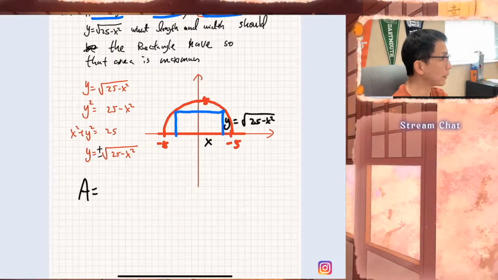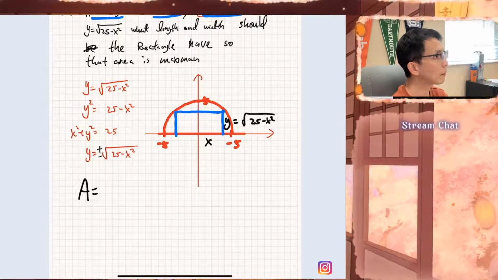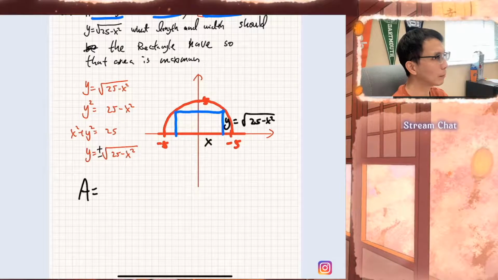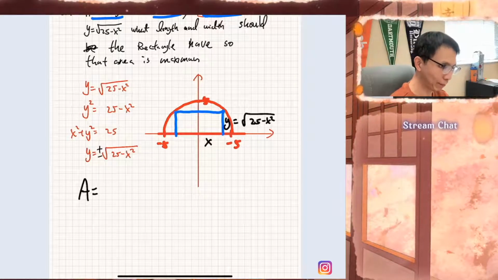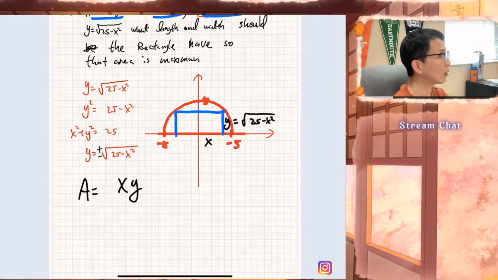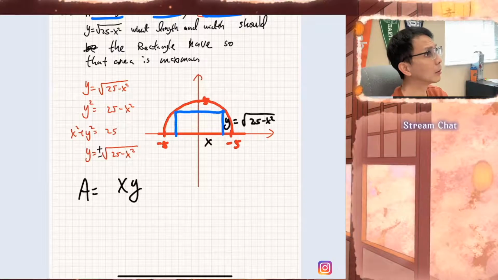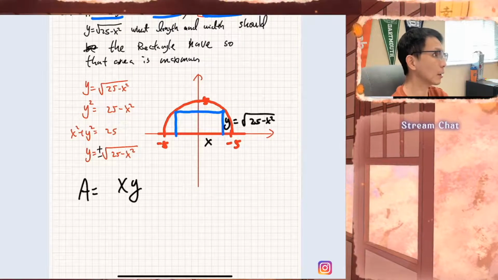So what will be the area here? x, y. x times y. You sure? We're talking about a rectangle, not the semicircle. Oh, I was going to minus the, okay, I see what you're saying.